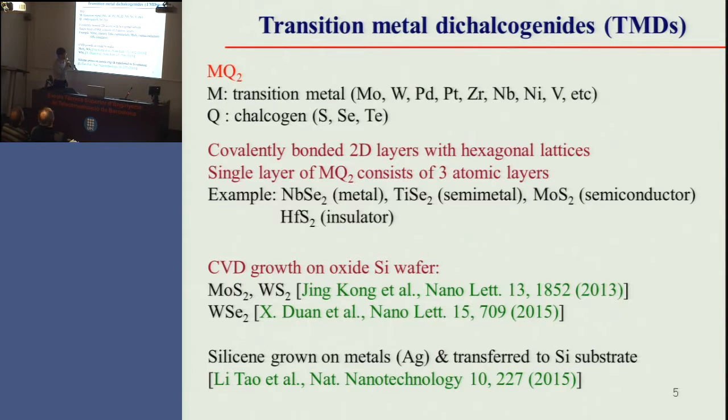The structure of this material consists of M and Q-something-2, like this. M corresponds to the transition metal, such as molybdenum and tungsten and so on. The Q side can be a chalcogen: sulfur, selenium, or tellurium.